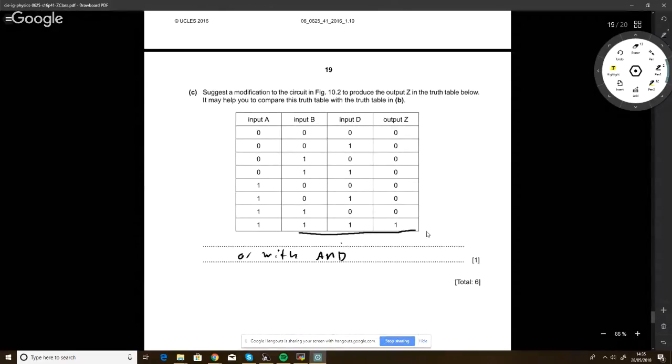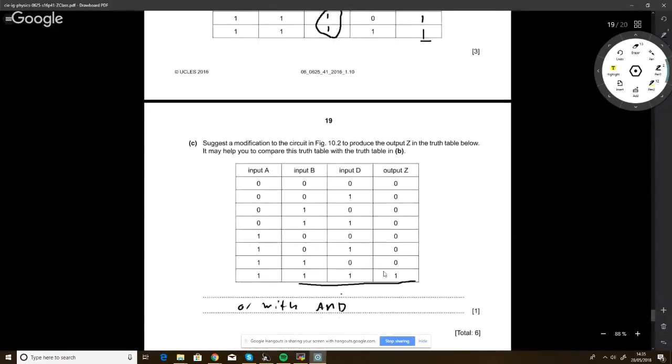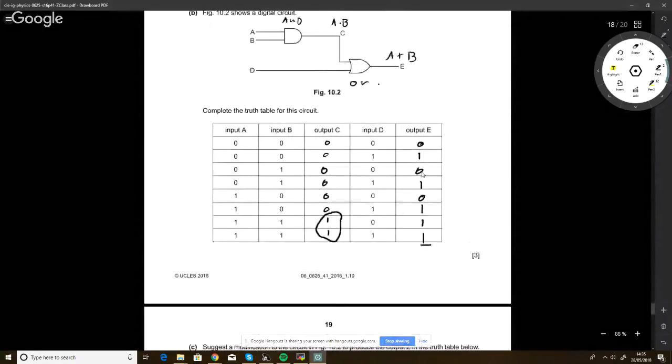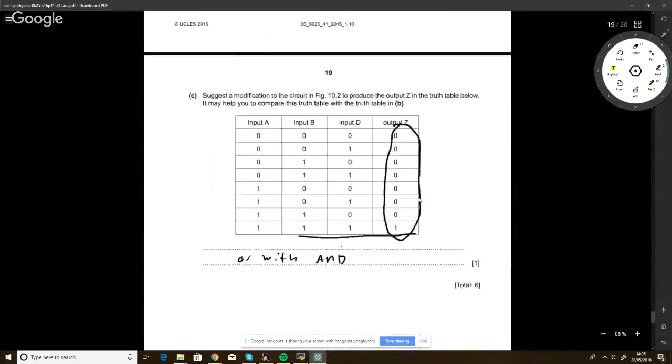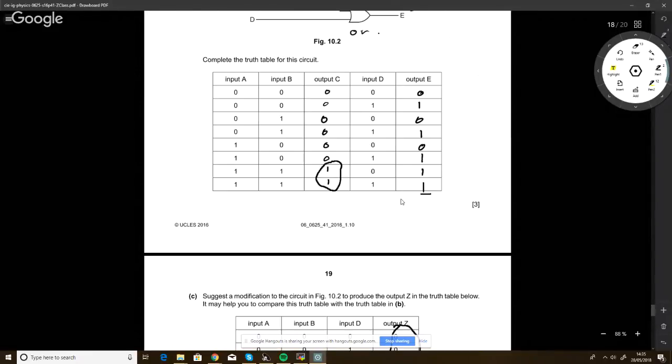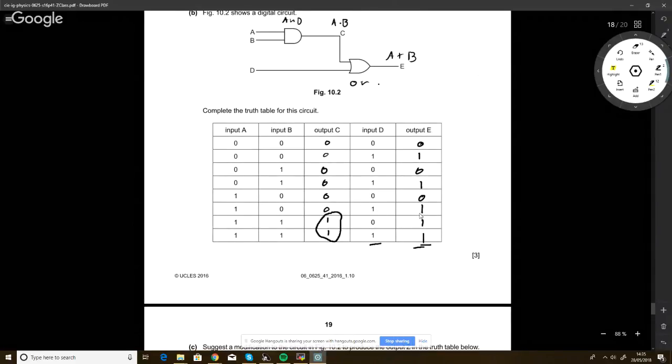Okay, then they give you this table, and they ask, in order to get this sort of output, what do you need to change in this circuit here? If we look at this table and compare, the only time it's 1 is when both the inputs are 1. So both of these are 1, and we notice that only happens in this case, and so in these other cases we have to get rid of the 1s and make them 0.